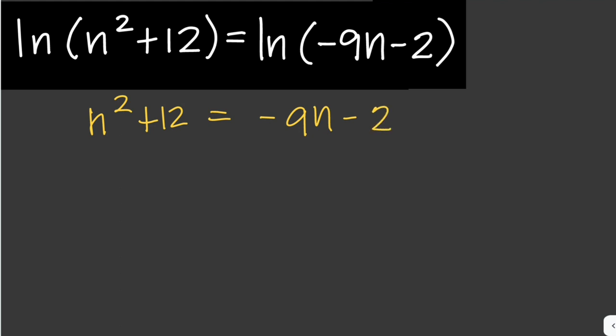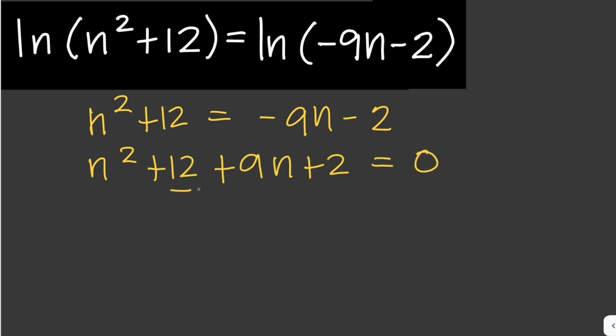Then we can write everything on one side. So let's move everything to the left. Negative 9n, transpose this to the left, it would become plus 9n, plus 2 equals 0. And then we group like terms. So this would be n squared plus 9n plus 14 equals 0.